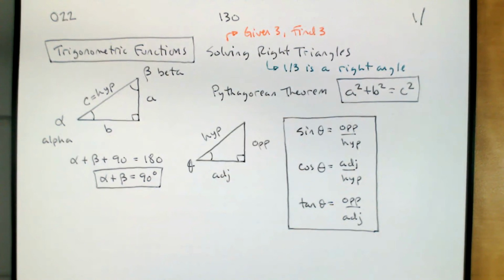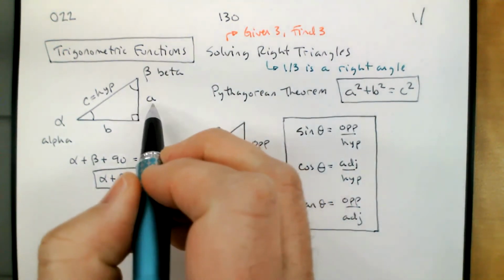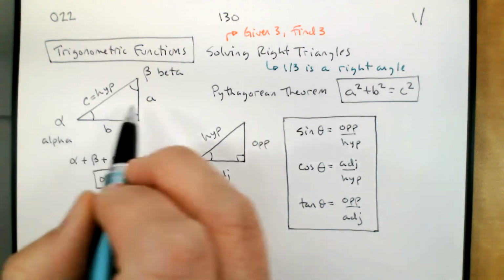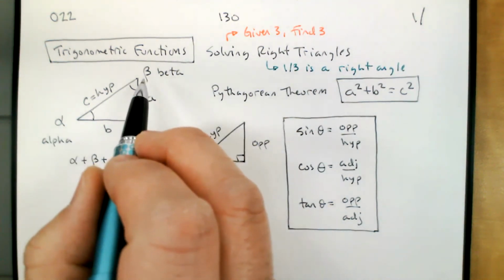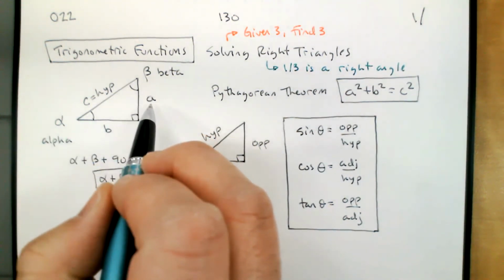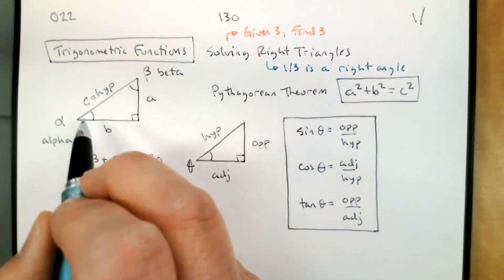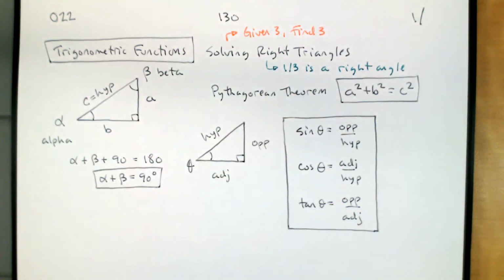So this is your tool set. Now you have to learn how to use the tool set. If we set these up with our angles over here, say I knew something about A and the hypotenuse. A is opposite alpha and adjacent to beta. So if I had A and C, I could use that to find beta or alpha using cosine or sine.